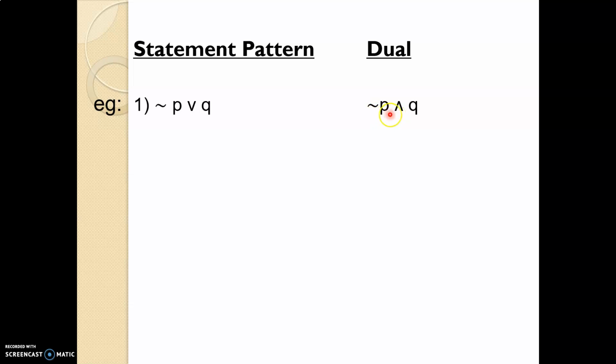So negation P, or is interchanged with and, and Q. Next, T or P is the given statement and the dual is C and P. Tautology is interchanged with contradiction, or is interchanged with and, and the statement remains as it is. T and Q becomes C or Q.